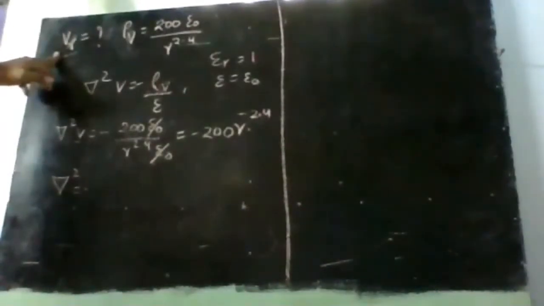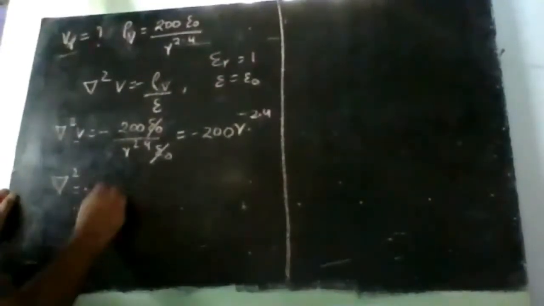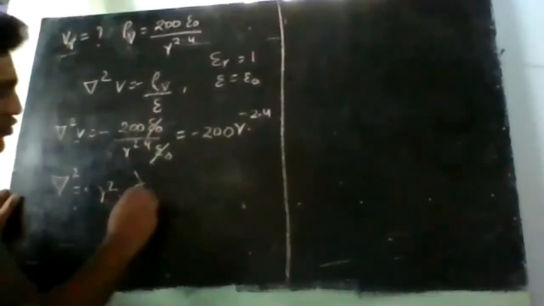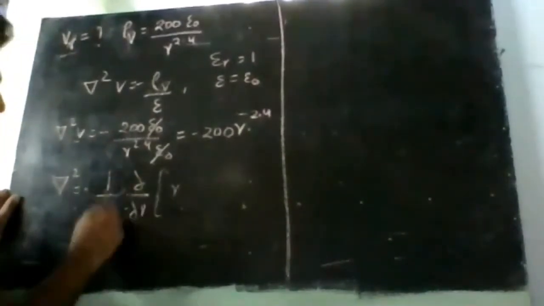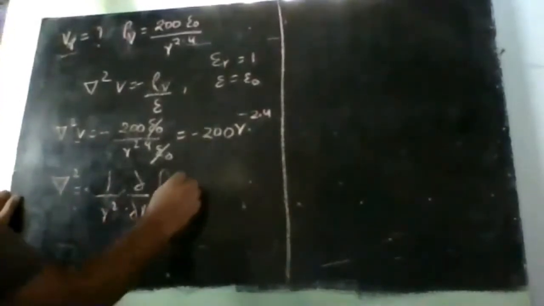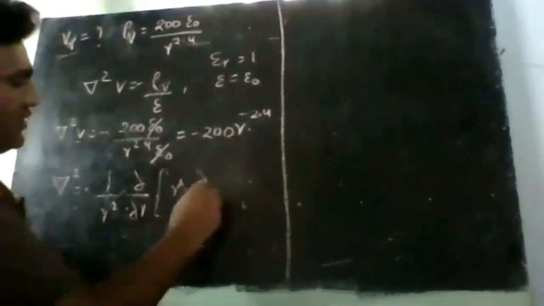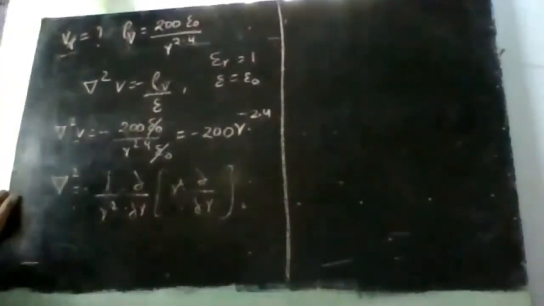The remaining theta and phi can be neglected. So del square only in terms of r can be written as 1 by r square into dou by dou r of r square into dou by dou r. Correct?